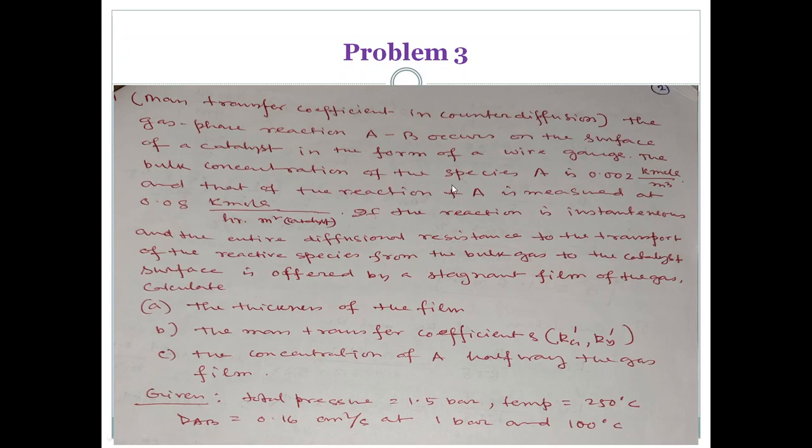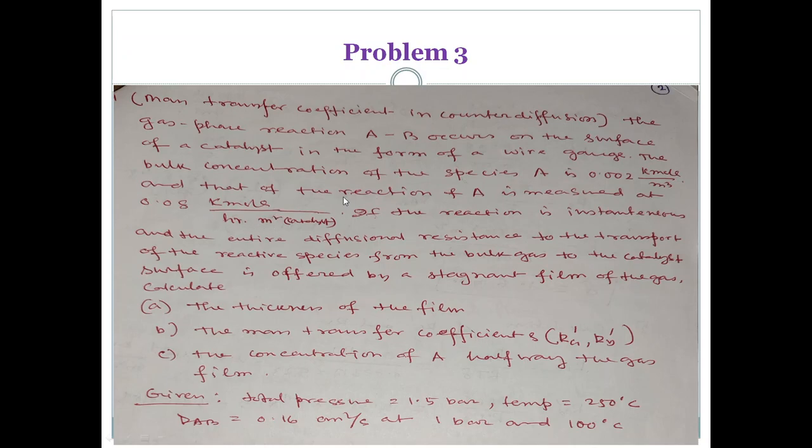The bulk concentration of species A is 0.002 kilomole per meter cube. Bulk concentration is given, and the rate of reaction of A is measured at 0.08 kilomole per hour meter square.